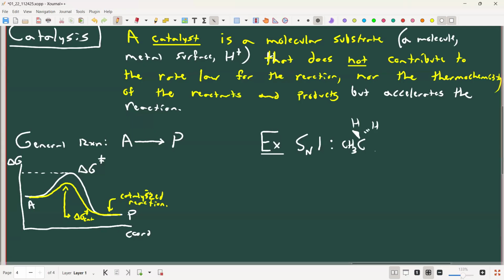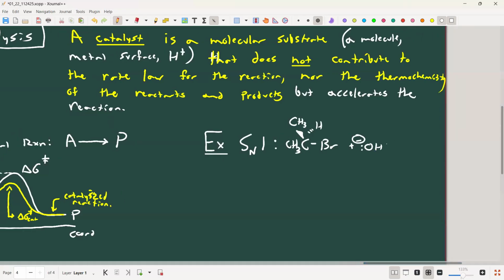Let's look at ethanol. Sorry, ethyl bromide. Let's look at isopropyl bromide. Right, isopropyl bromide plus OH, some base, to form isopropyl alcohol.